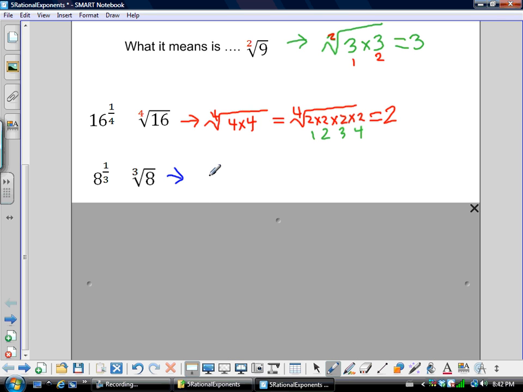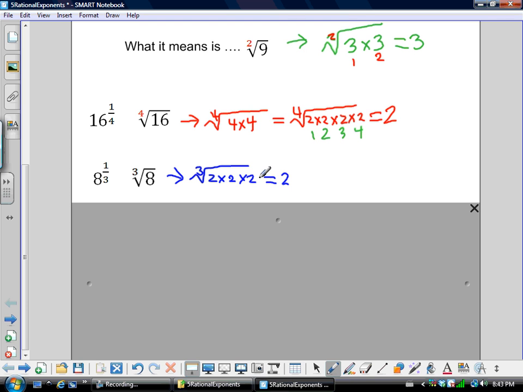And if I can come up with a product of 3 numbers, which I think I can, 2 times 2 is 4, times another 2 is 8. Okay, so I have the number 3 and I have 3 2's. So the cubed root of 8 is 2.